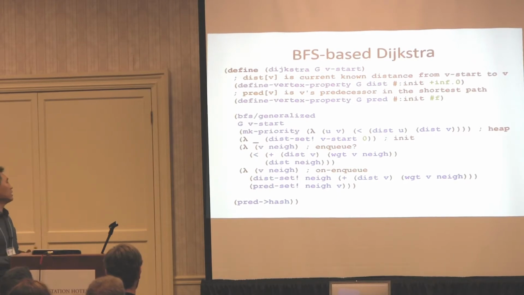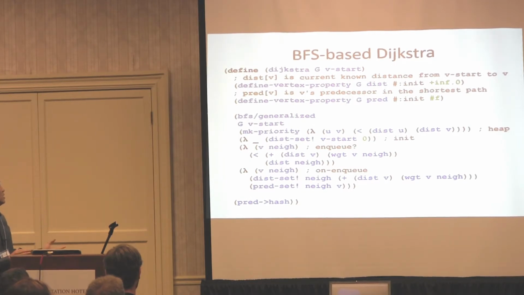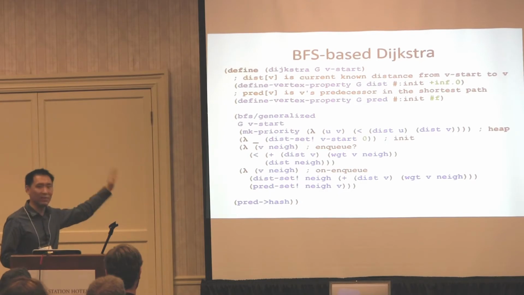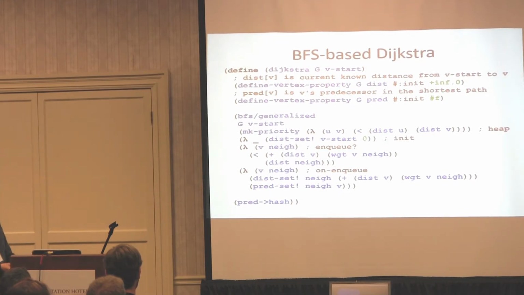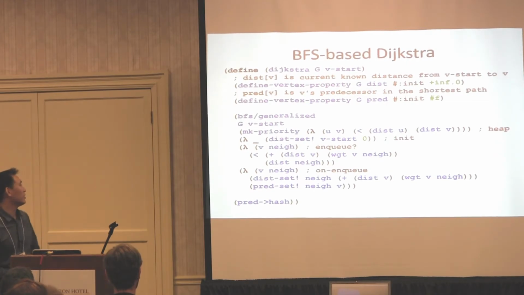You don't have to read the code, but I just wanted to show that I can implement Dijkstra search using this generalized breadth first search. It's okay, it fits on one slide here, but it's still a little bit noisy. There's some lambdas here that are kind of ugly that you can maybe get rid of. So I just wanted to show a few tricks that I did in Racket to make it look nicer.